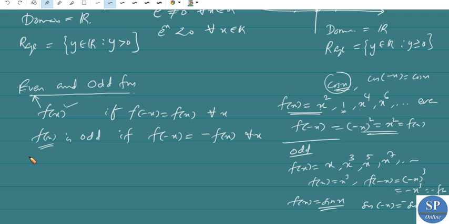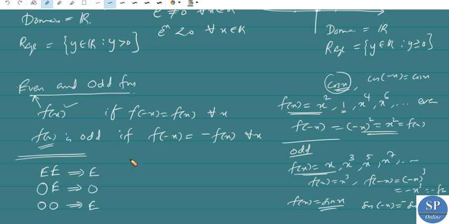Okay, now the properties of even and odd functions are: if we multiply an even function with another even function, we will get an even function. If we multiply an odd function with an even function, we will get an odd function. If we multiply an odd function with an odd function, we will get an even function. To recall these properties, you just take f of x equal to x as the odd function and x square as the even function.